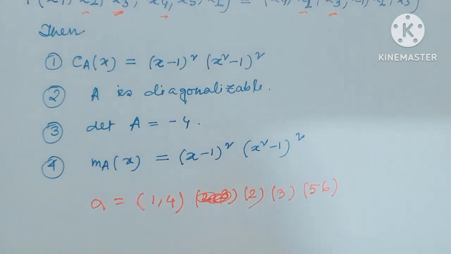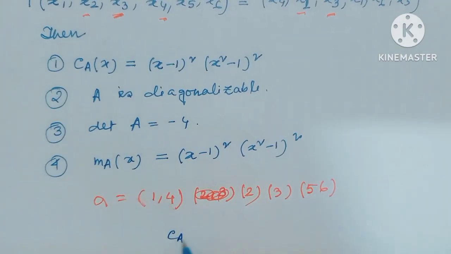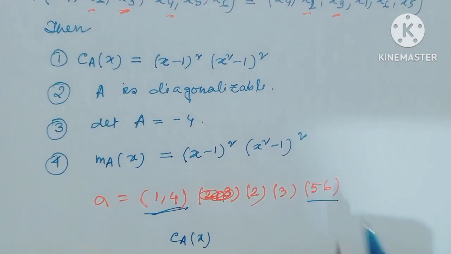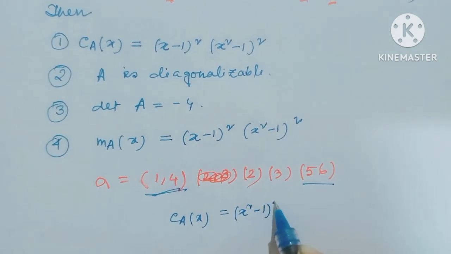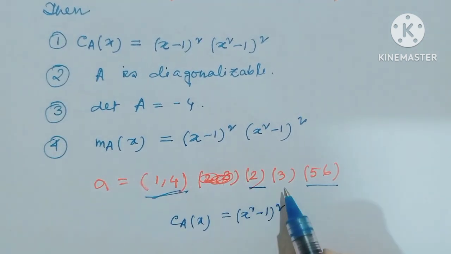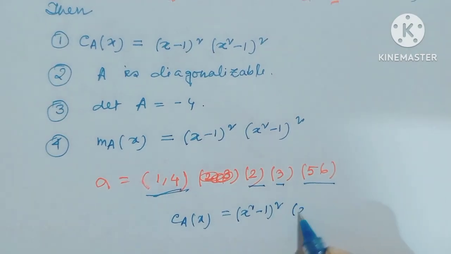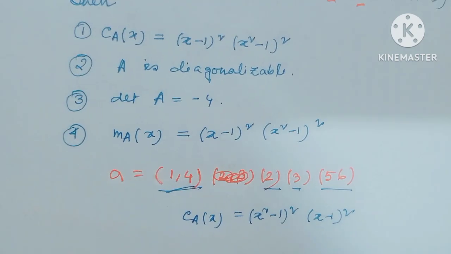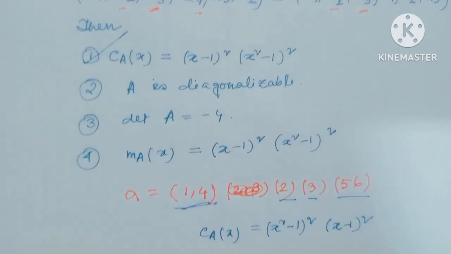This is the sigma. That means the characteristic polynomial is: there are two 2-length cycles, that means x square minus 1 whole square, and two 1-length cycles, that means x minus 1 whole square. So this is the characteristic polynomial, and this is the right option.